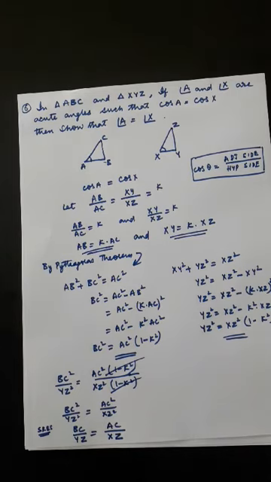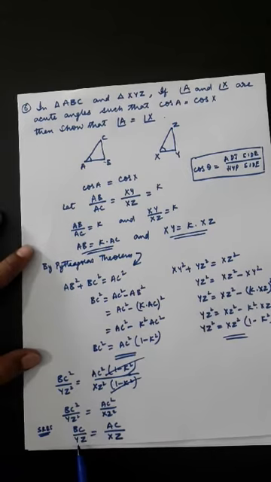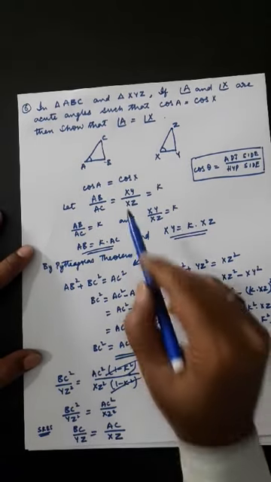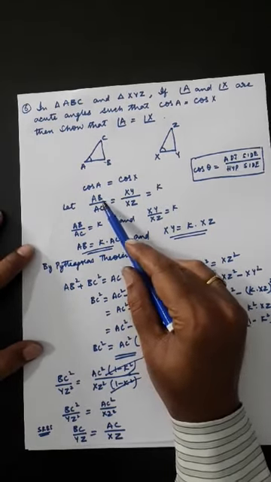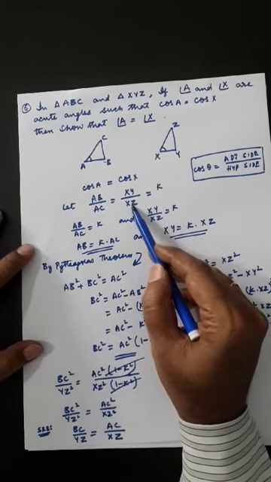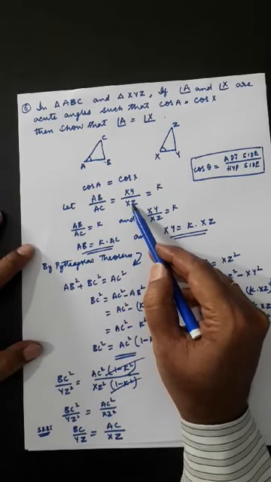So BC by YZ is equal to AC by XZ, and we also have AB by AC equal to XY by XZ. We already have that relationship.